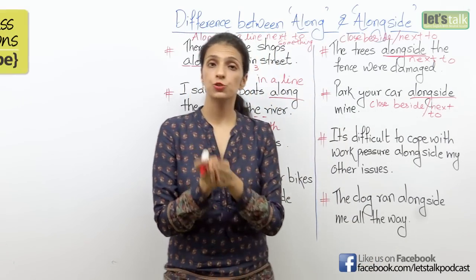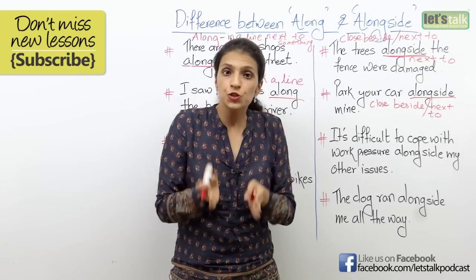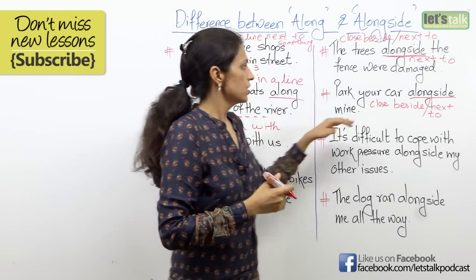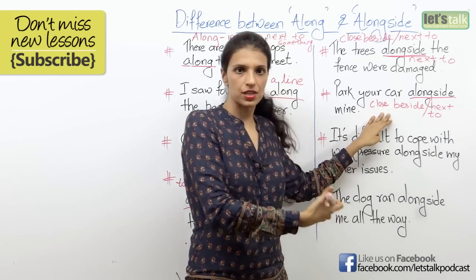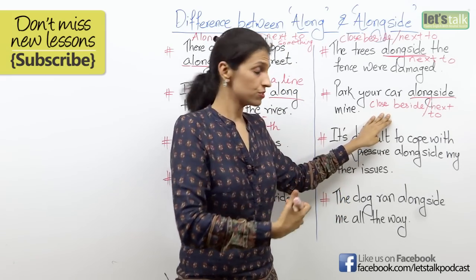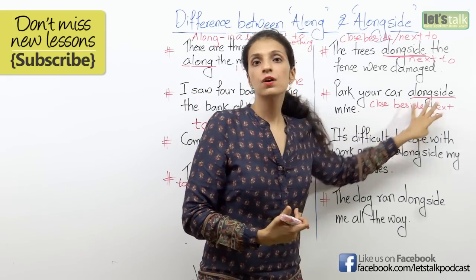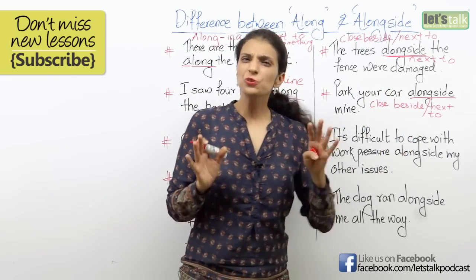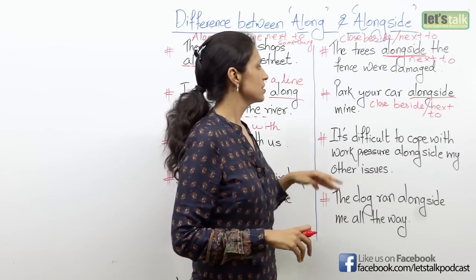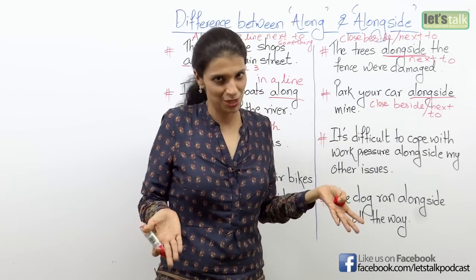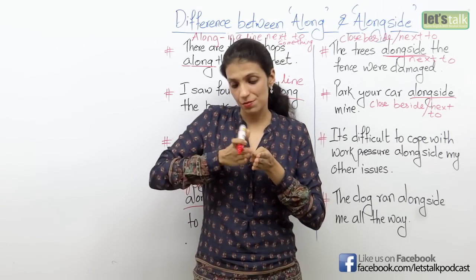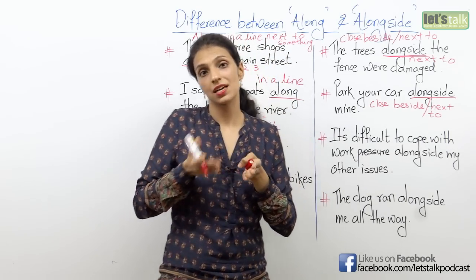So here I'm actually telling you, park it literally next to mine, right? Just right there, the next car. So next to my car, okay? So the next car after mine should be yours. That means close beside or next to. So you use the word alongside. Using along would not make complete sense. Park your car along mine? No. Do you want to say next to mine? Use the word alongside. That means next to. That's why we say alongside.